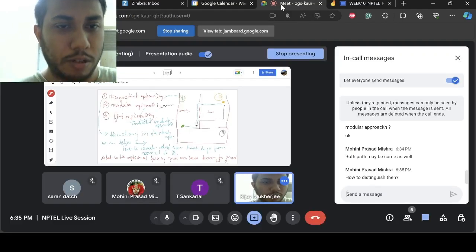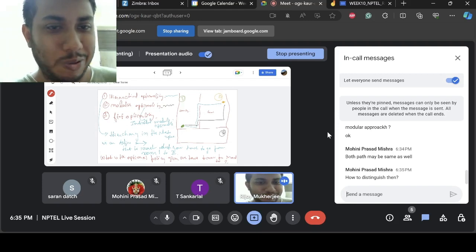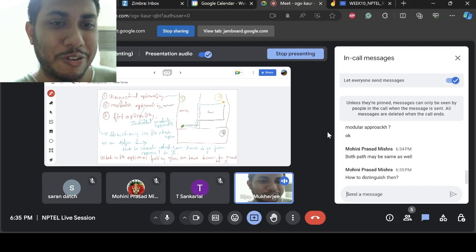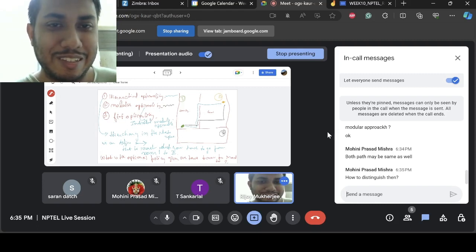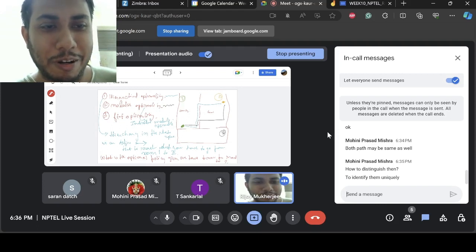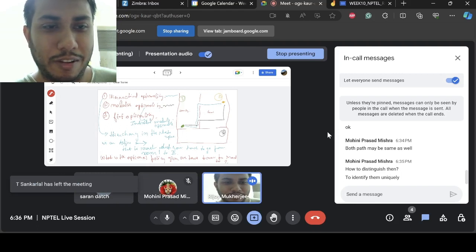How to distinguish them? Why do you want to distinguish? You don't want to distinguish. Your task is to find one solution, which is cheap. Your task is not to find it uniquely. Your task is to find a solution.